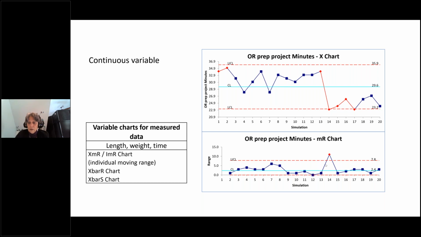Here we have the greatest difference between the minutes in simulation 13 and the minutes in simulation 14, which you can see here. So this shows up as supporting our idea that we had special cause variation. And then it looks like maybe we're stabilizing.